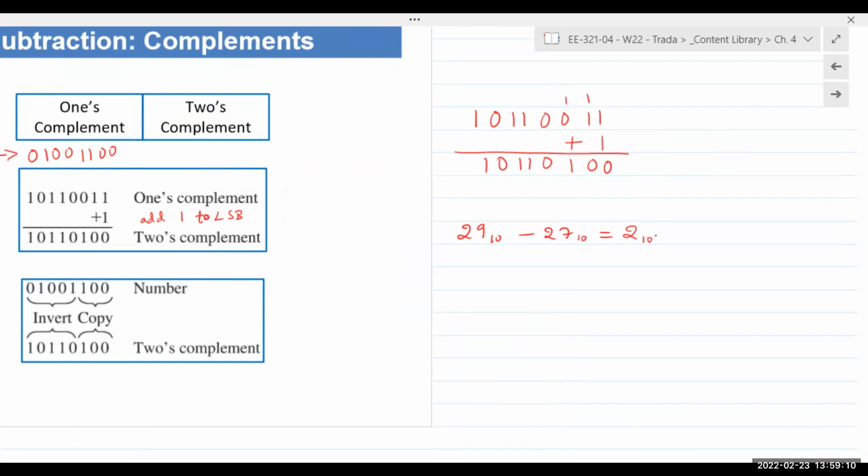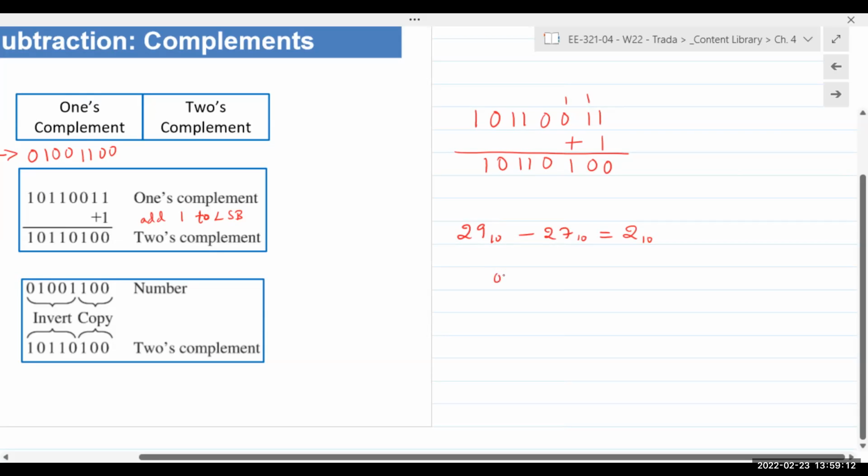So 29, without doing any calculation, I'll have to look it up. It's 0001 1101. And then 27 is 0, 0, 0, 1, 1, 0, 1, 1.